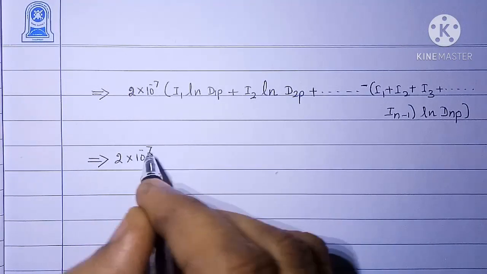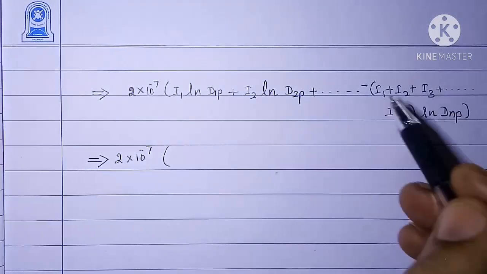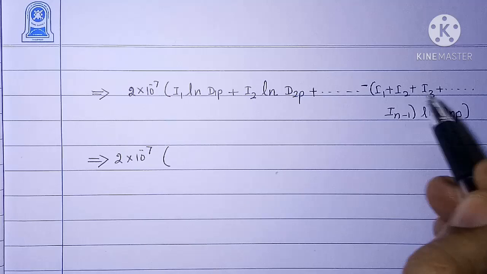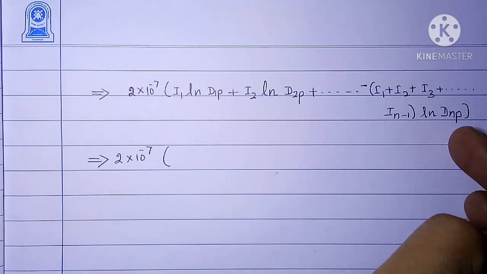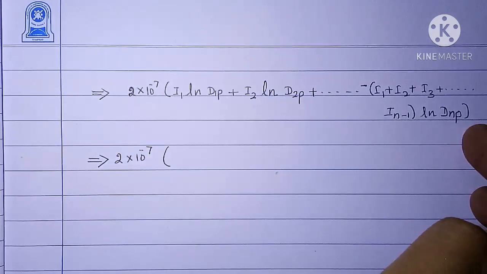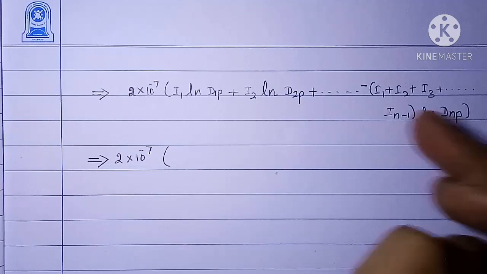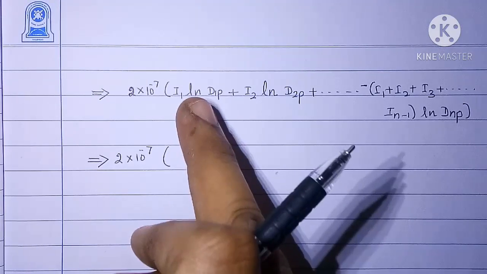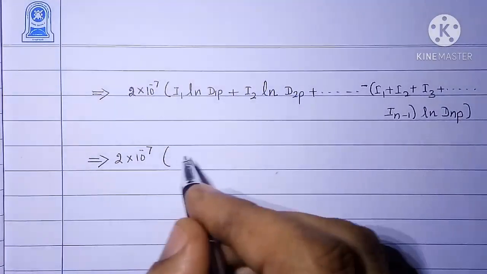2 into 10 raised to minus 7. If I open the bracket here, minus sign will go with all the currents. Then I will take each negative current with ln of dnp with respect to positive currents here.